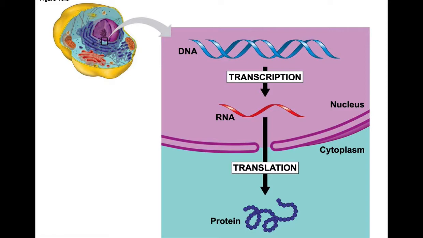In this cytoplasm, the ribosome is going to convert it into a protein chain. Remember, amino acids make up proteins, and how many different kinds of amino acids are there from the past? 20. So that old news, those old notes, come back here. Translation occurs in the cytoplasm, taking the RNA and turning it into a protein. Okay, next slide.